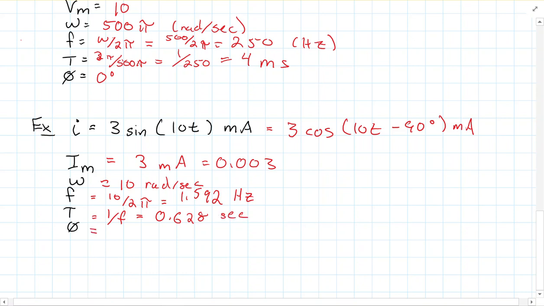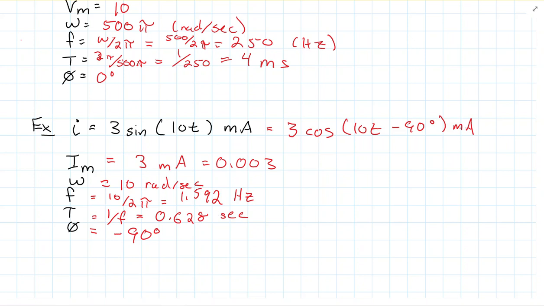And then phi, again, we can write it as either degrees or radians, but we typically write it as degrees, and we have to be careful. The sign always goes with it, so phi here would be negative 90 degrees. So this angle phi is going to play a very important role as we move on in our circuit analysis. Okay, so actually that's all we're going to talk about in this video.